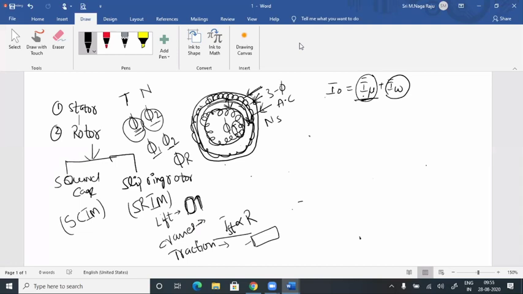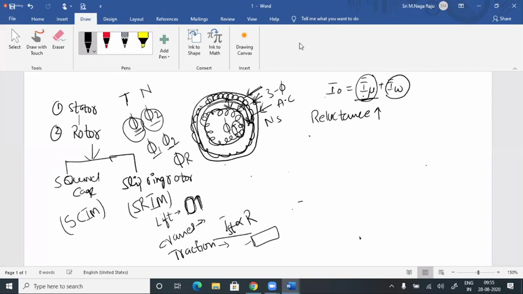Now, this magnetizing component of current depends upon the air gap between the rotor and stator. If the air gap is more, what is the reluctance? If the air gap is more, reluctance will be more.